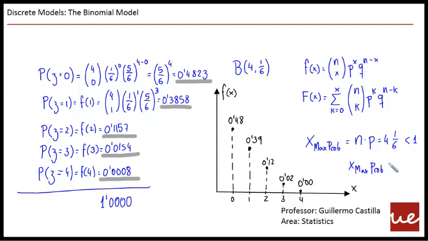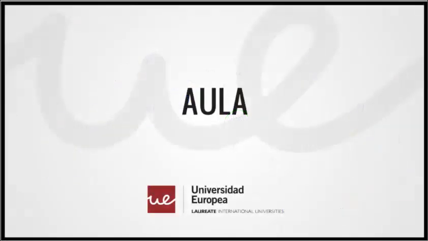We can actually see that the x of maximum probability is 0 if we just look to the left of what we have on the board, where it says 0.4823 as the maximum probability. Since it has to be a natural number because we're talking about a discrete variable, and I put the natural number asterisk because it really does include the 0, in this case we can see clearly that it would be 0.